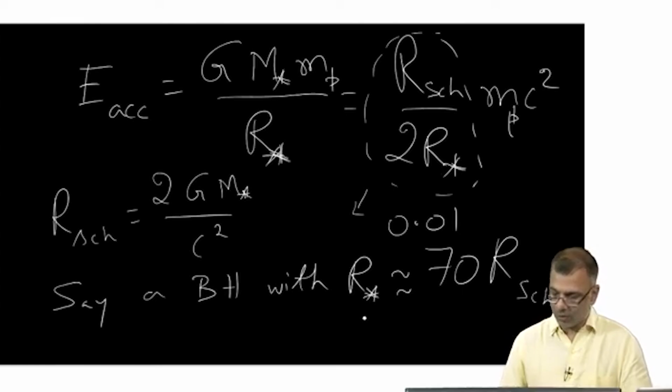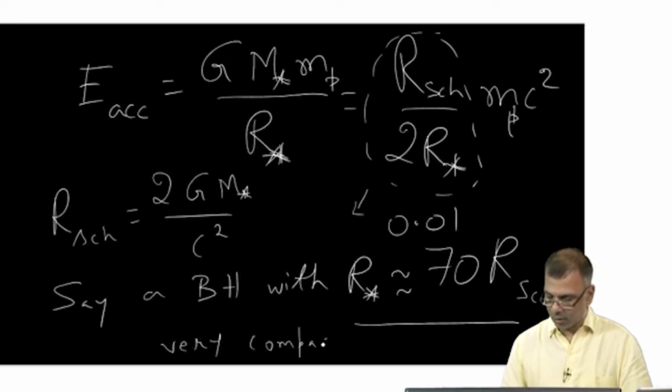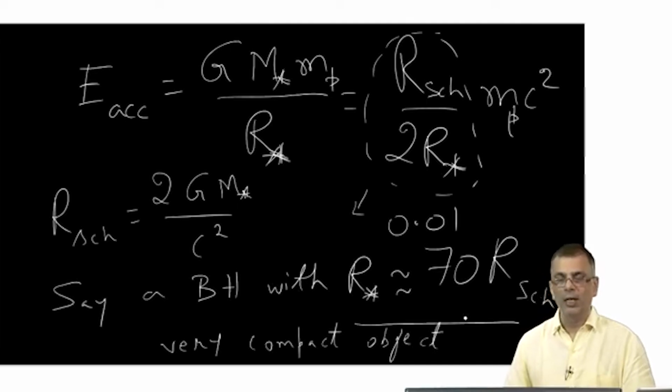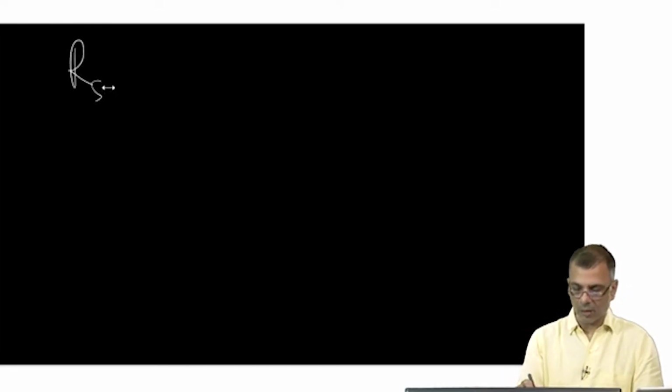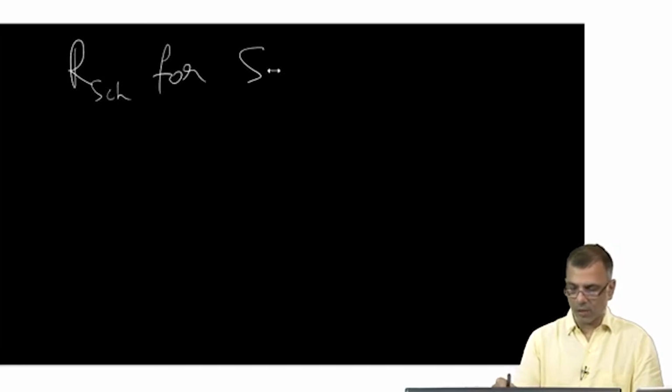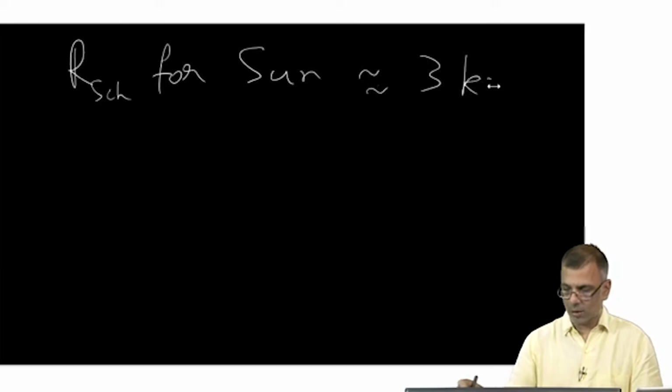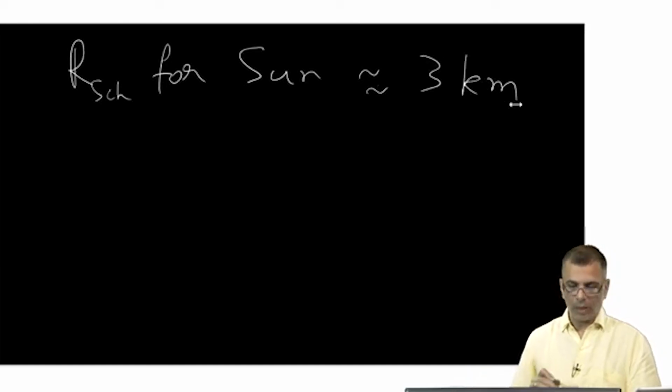This is a very compact object. In other words, the density of such an object is very, very high. If you compare it with the sun, I will tell you, the Schwarzschild radius for the sun is something like 3 kilometers. Okay, and the sun, of course, has 1 solar mass.